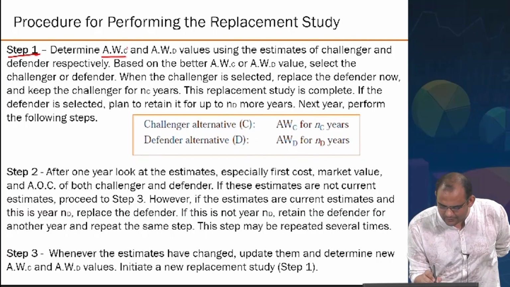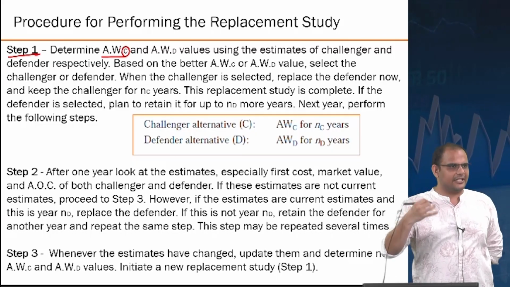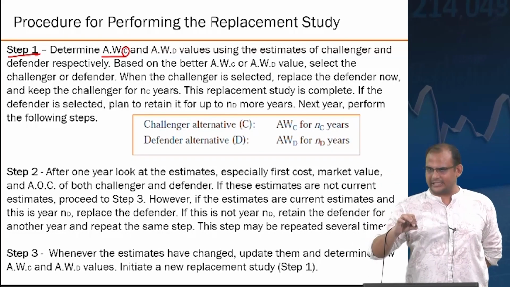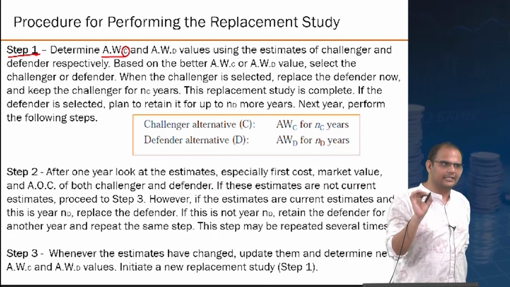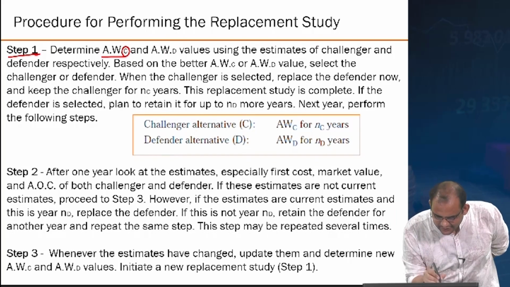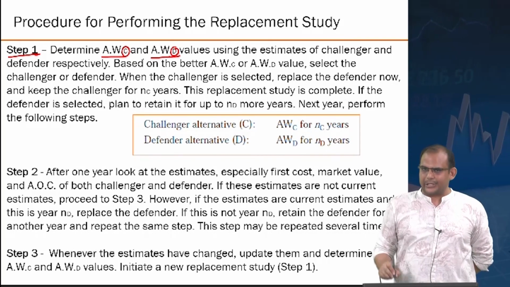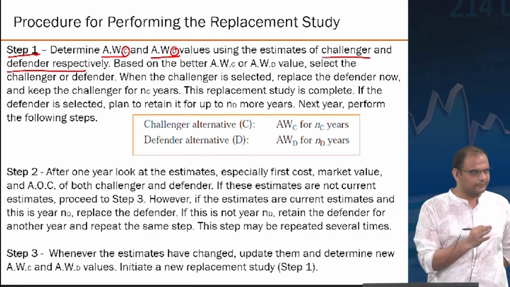Determine the annual worth. Small c depicts this annual worth at NC number of years. NC is the economic service life of the challenger. So determine the AWC and AWD values using the estimates of the challenger and defender respectively.